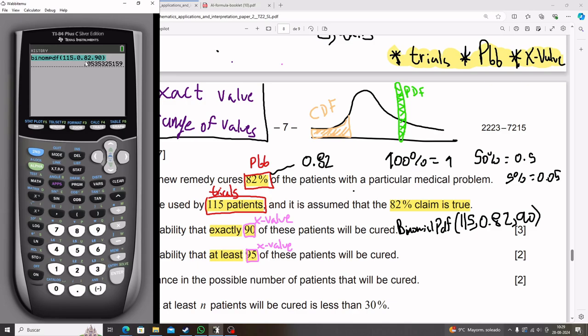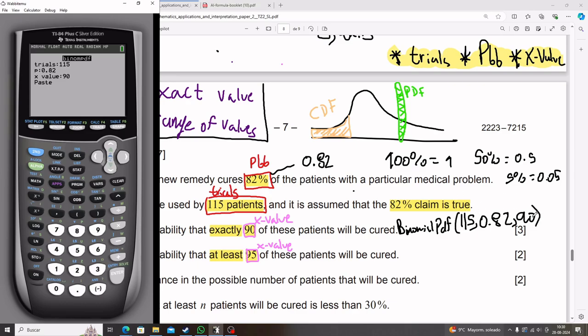The second thing it asks for, you put 0.82. And the third thing it asks for, you put 90. Which makes sense, because if we go back to binomial PDF, that's exactly what we did. First we put 115, then we put 0.82, then we put 90. That's what the parentheses is doing.